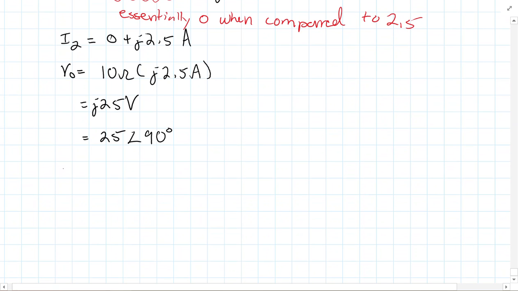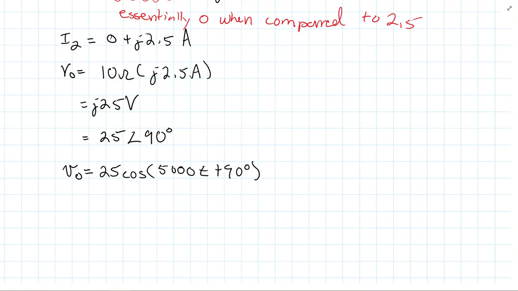And so then we would get that V out is equal to 25 cosine of 5000 t plus 90 degrees. Alright, so we got through that problem finally. Whew.